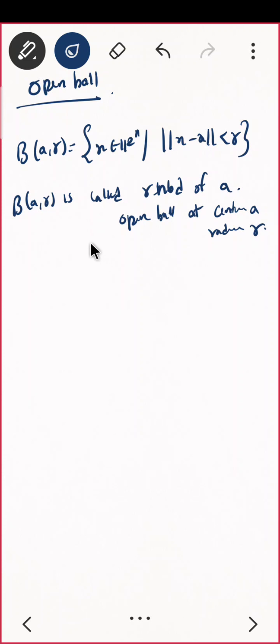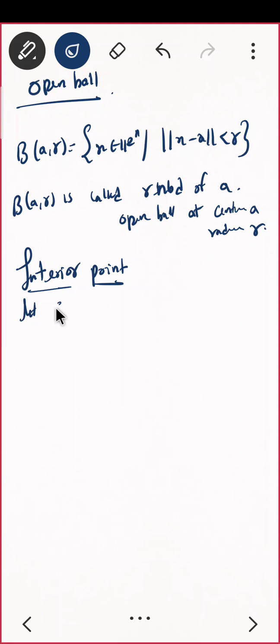Okay. And what is interior point? What do you mean by interior point?